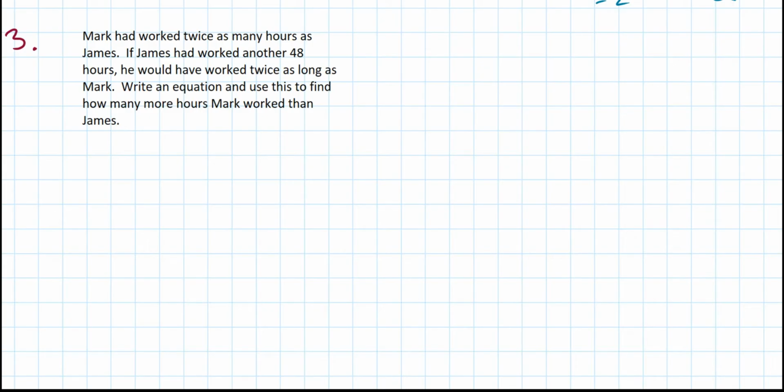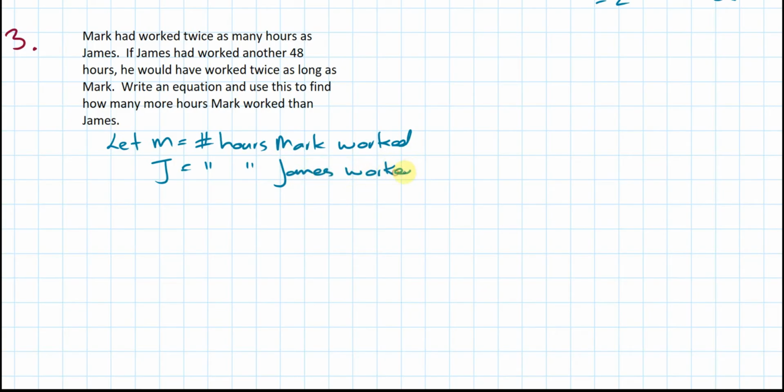So with these types of problems, you want to decide on some variables and then let each of those variables equal something. So we can let m equal the number of hours Mark worked, and then let's make j equal the number of hours James worked.